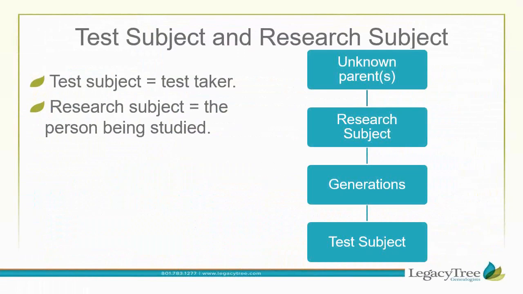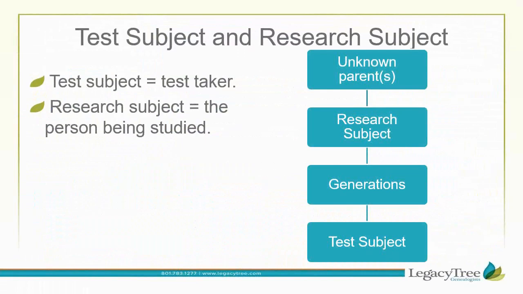We're using your test results in order to learn more about your great-grandfather. And something to keep in mind with this is, in most cases, unless it is a case of adoption, in which case the test subject is the research subject, right? In a case of adoption, we don't know who the parents are, we're trying to use a test subject's test results to figure out who that individual's parents are.